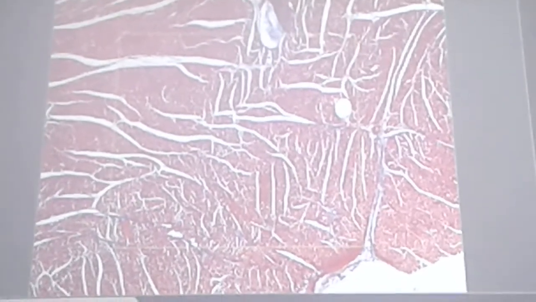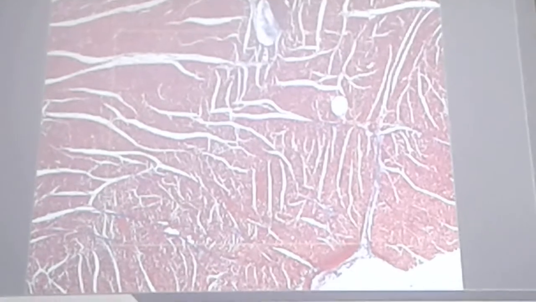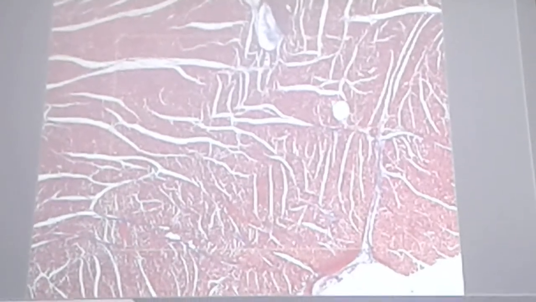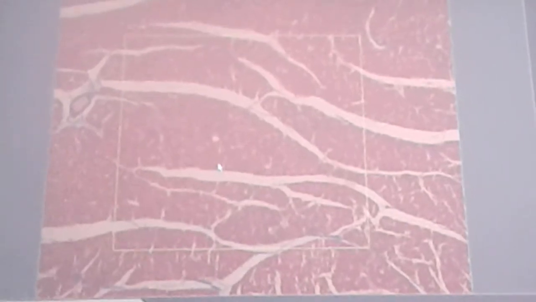So this is the lowest magnification, and when you have your slide, you will see transverse and longitudinal sections of cardiac muscles. So these are transverse sections of the cardiac muscle. Let's find some longitudinal.